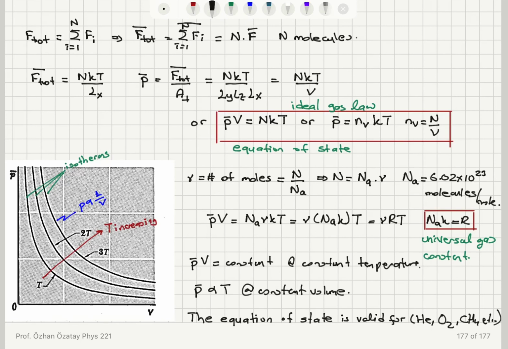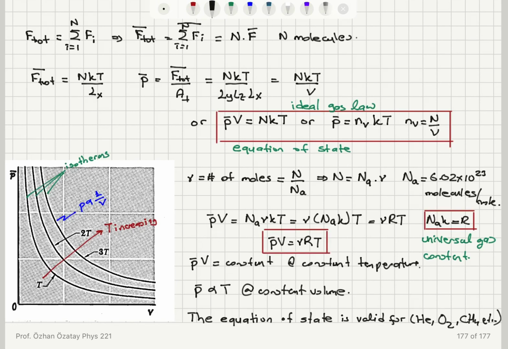And I find that pressure times volume is equal to number of molecules times thermal energy, kT, or Boltzmann constant times absolute temperature, T. If I replace number of molecules with number of moles times Avogadro's number, by looking at the constant, universal gas constant, which is defined as Avogadro's number times Boltzmann constant, I could also write this as P bar V is equal to number of moles times universal gas constant times the absolute temperature T.